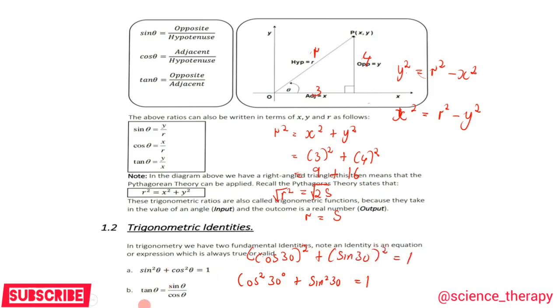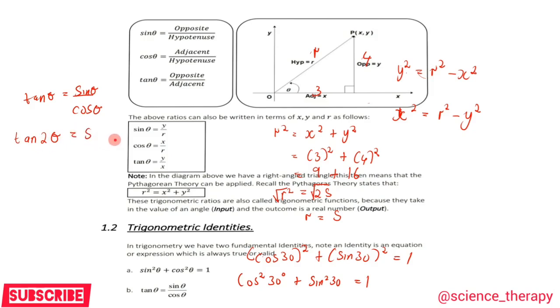Then we have another trig ratio again from grade 11, which is tan theta. Tan theta is equal to sine theta over cos theta. Now when you get to grade 12, they might include a double angle on it, which is also true: tan 2 theta, which is the double angle of tan.